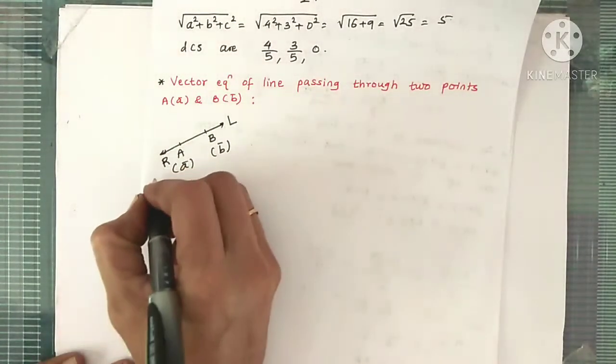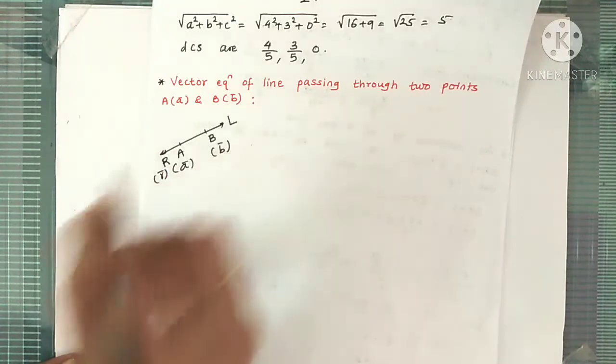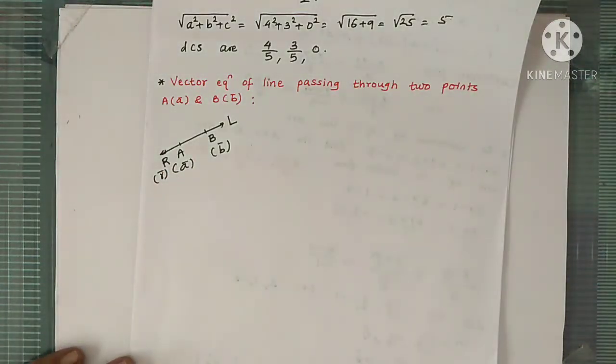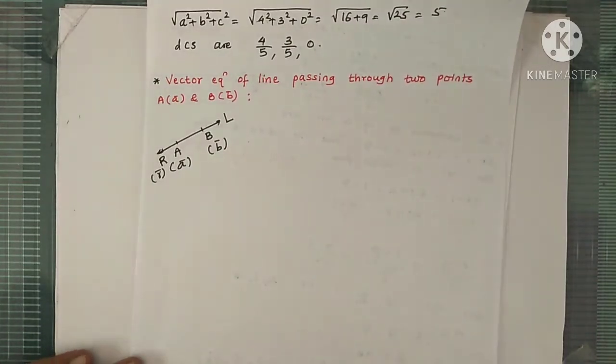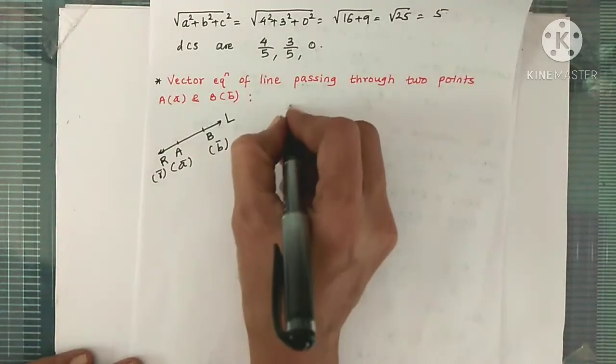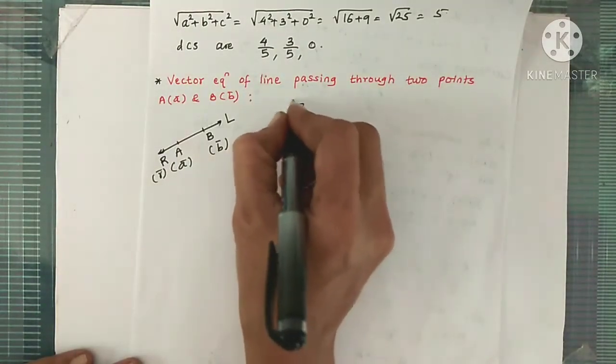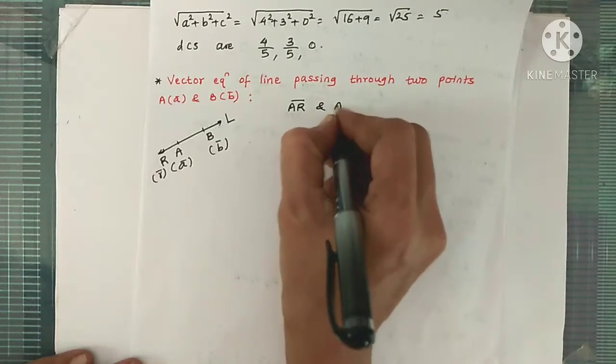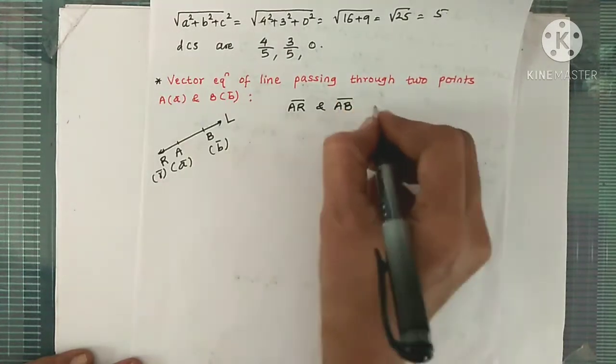So let R be any point on the straight line and r bar be its position vector. So now we have 3 collinear points A, R and B. So if we have 3 collinear points, that means AR bar and AB bar, these two vectors are collinear.